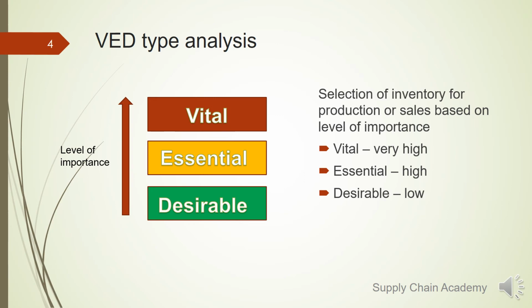The key point here is that some inventories can have a low cost and low profitability, but they can have a huge impact on business or operations, and they're a must-have. That's why VED analysis considers an alternative approach for inventory categorization.